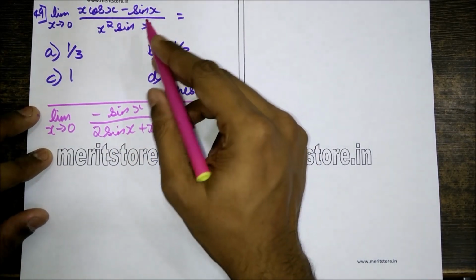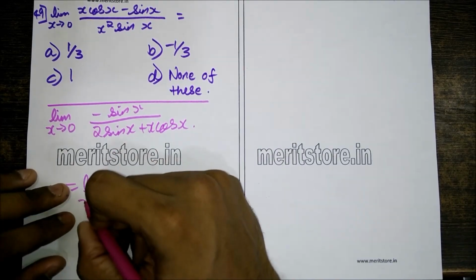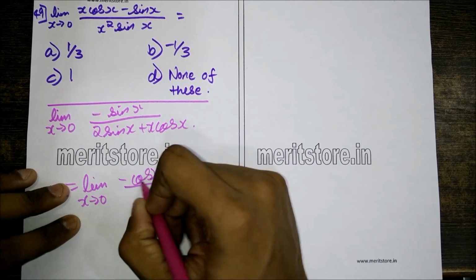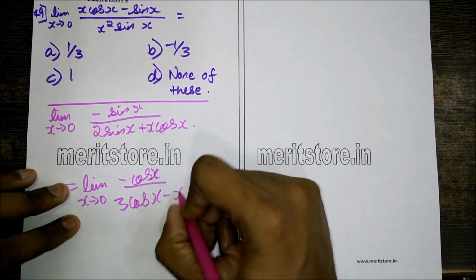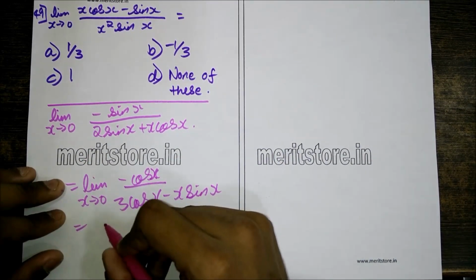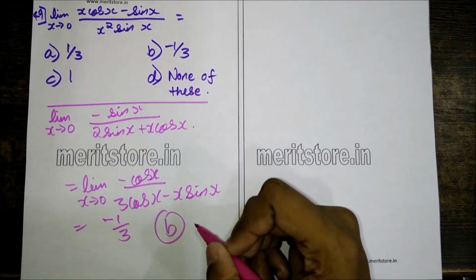This is by L'Hopital's rule. Now again we use it to get limit of x tends to 0, minus cos x, the derivative, and upon 3 cos x minus x sin x. Using the limit of x tends to 0, we get minus 1 by 3, which is option B.